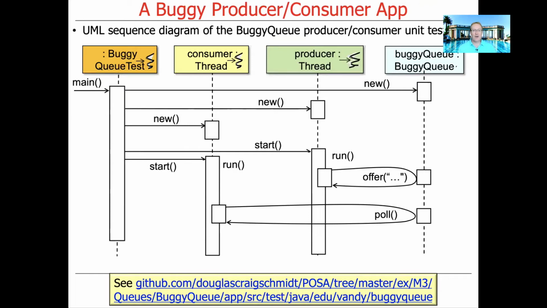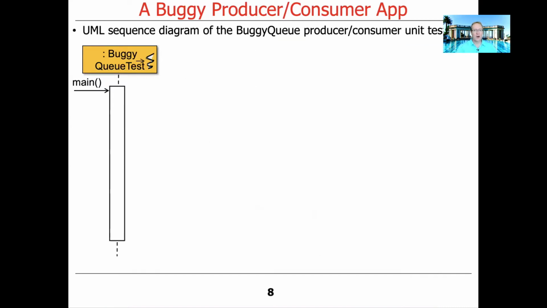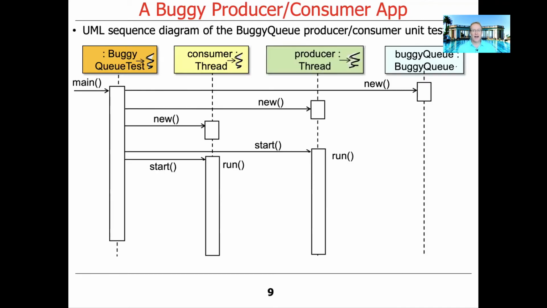Here's a diagram that illustrates what's happening with BuggyQueue, and you'll hopefully see in a second why it's buggy. We're going to start out with a thread, which is the BuggyQueueTest. Then we're going to have a consumer thread, a producer thread, and a BuggyQueue. The object will be created and we'll start a thread running for the producer, and the same thing for the consumer.